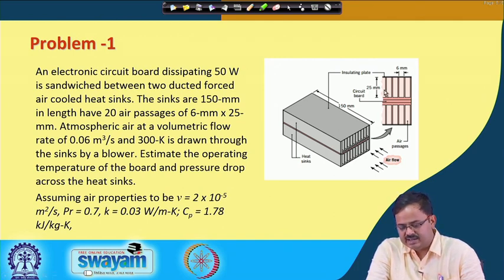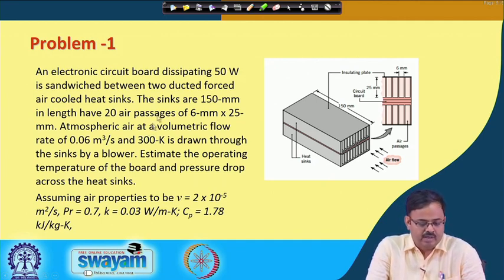So, this is a heat sink consisting of parallel channels, a lot of them, as you can see, and there are two such heat sinks, one above the circuit board, one below the circuit board. The air is flowing in this direction as shown in this picture. You can assume these to be insulated, so that most of the heat is dissipated by convection.